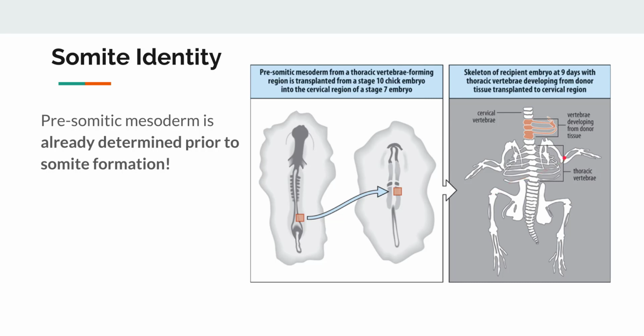So in this case, if somite identity was not predetermined, we would see just regular cervical vertebrae here, and the chick would be relatively normal instead of having a bunch of extra ribs here from the thoracic region, all right?